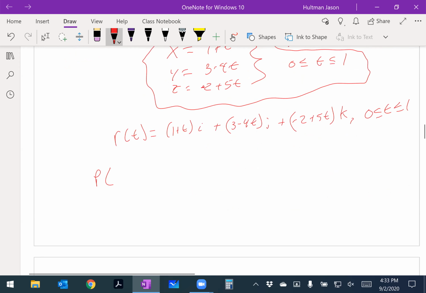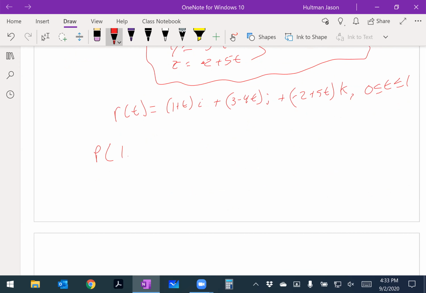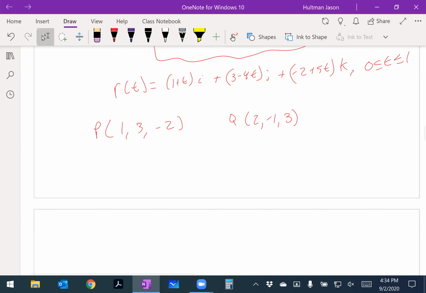So what did we have? We had 1, 3, negative 2, and then what was Q? 2, negative 1, 3. So if t is equal to 0, then I want 1, 3, negative 2.